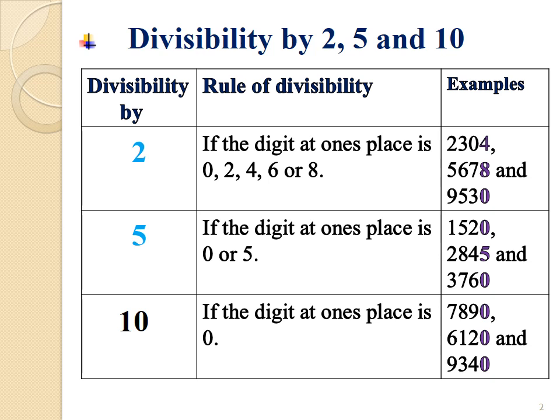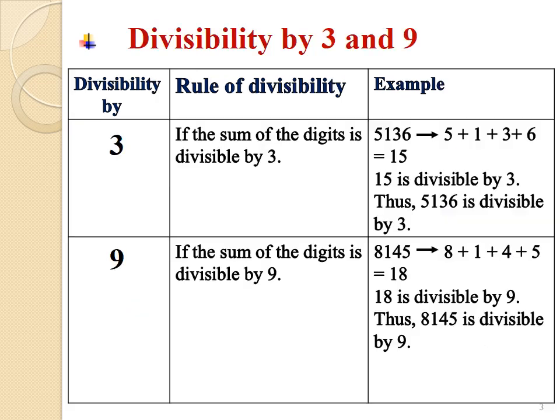So, all these numbers are divisible by 5. Now, divisibility by 10. A number is divisible by 10 if the digit at its ones place is 0. Students, all these numbers have 0 at ones place. So, all these numbers are divisible by 10.